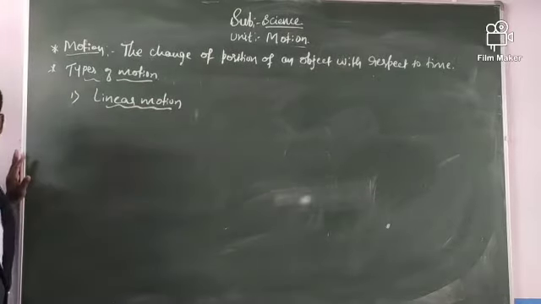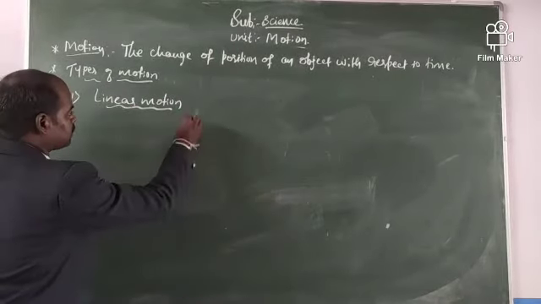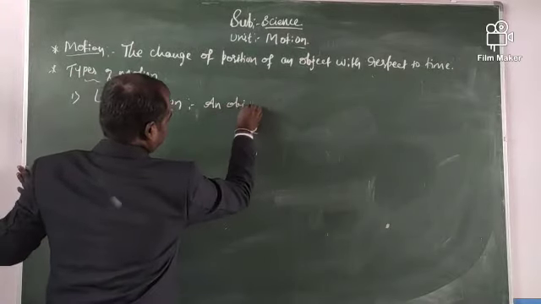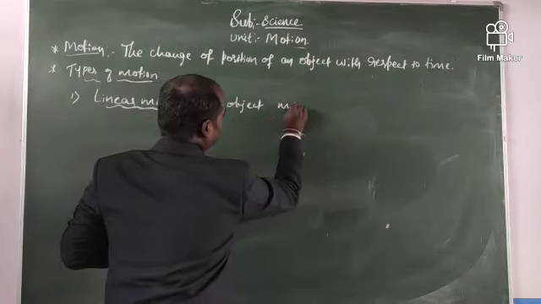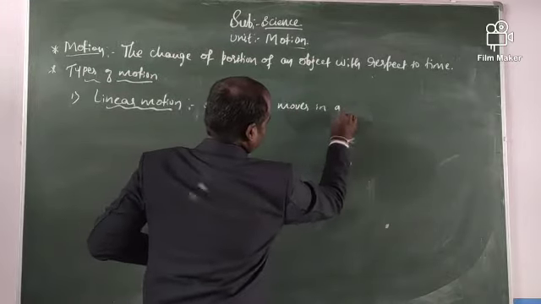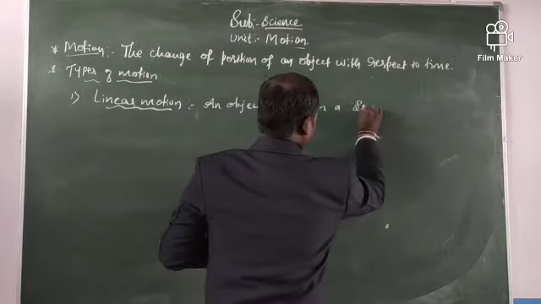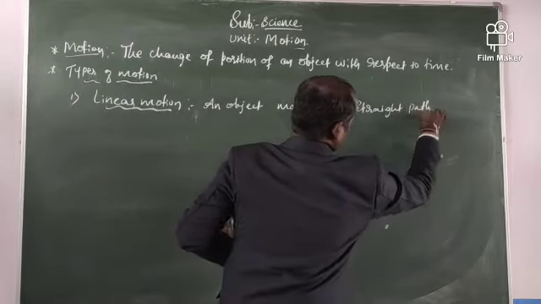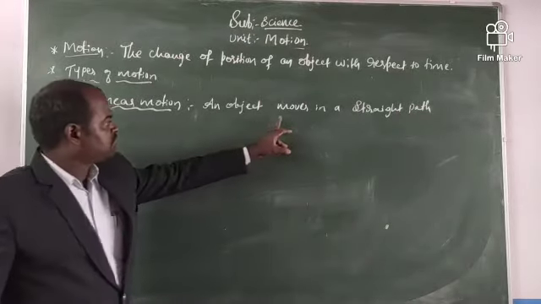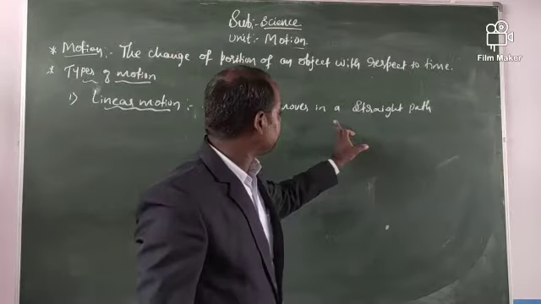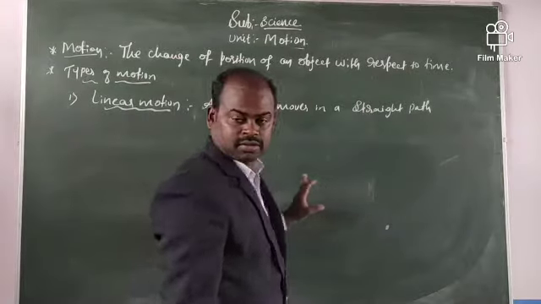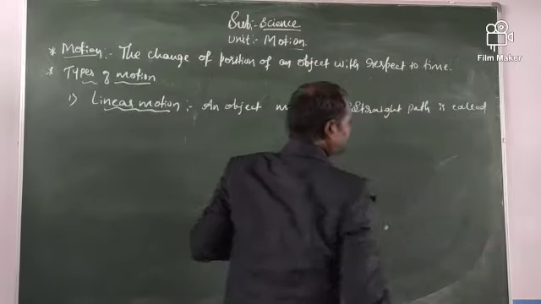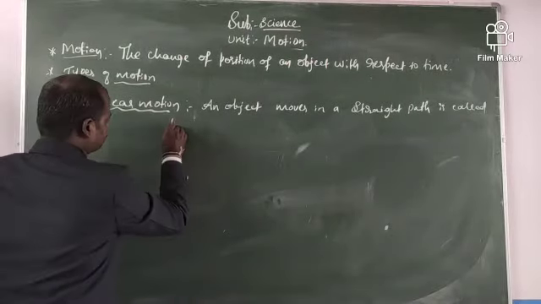What is linear motion? An object moves in a straight path is called linear motion.